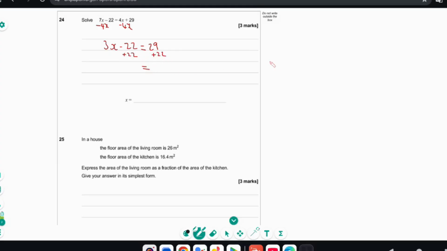You can probably work this out in your head, but if you're unsure, 9 plus 2 is 11, 2 plus 2 is 4, add 1 is 5. And then we're going to divide both sides by 3. 3's into 51. 3's into 5 is 1. Remainder 2. 3's into 21 is 7. So the answer is 17.